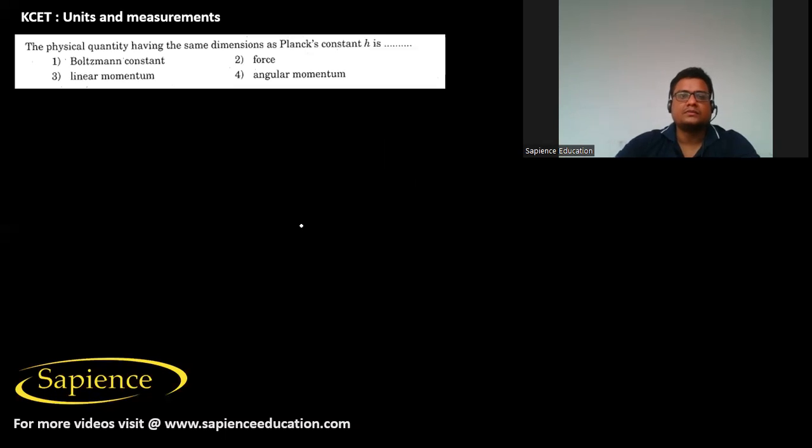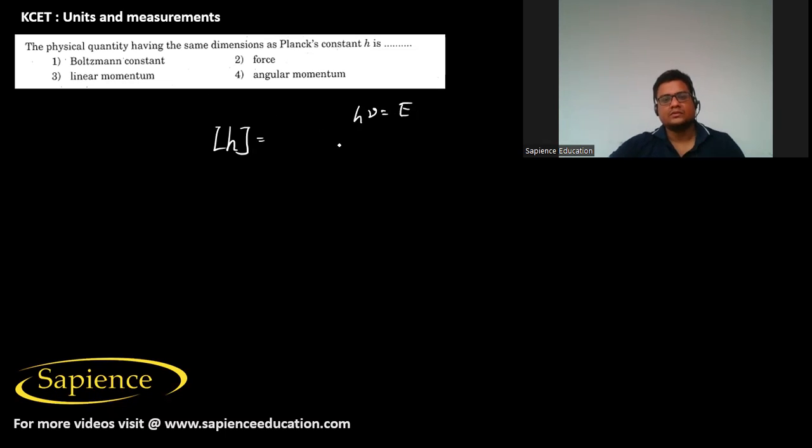Then here it is told the physical quantity having the same dimensions as that of Planck's constant. We know that Planck's constant, its dimensional formula is, we know that h nu equals energy. Energy means work done, so it will be ML square T power minus 2.